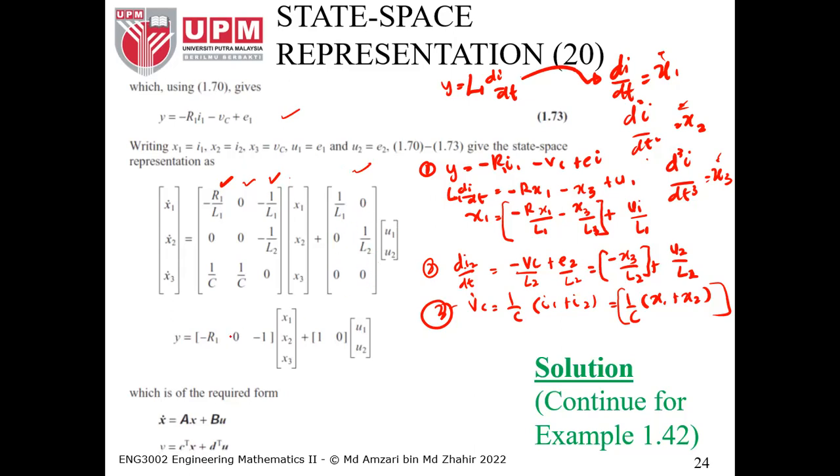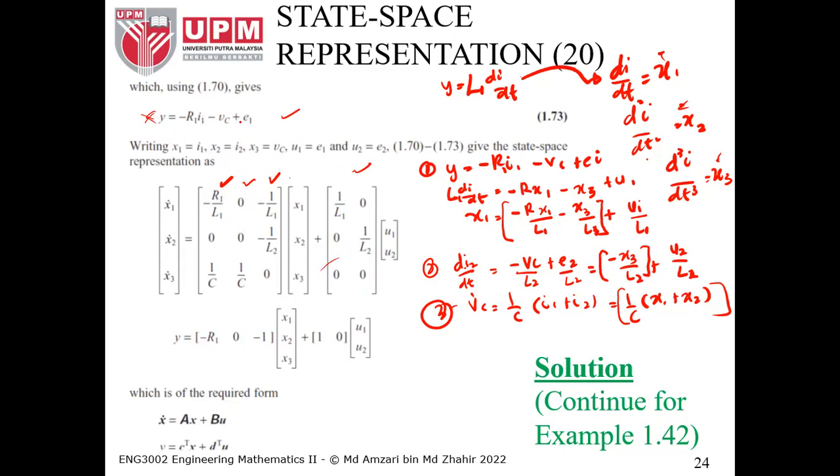Okay, so next, in terms of y. We have this y equation based on this equation. So y equals negative R x1, minus x2 term will be 0. It is almost similar to the first equation, but the x2 term becomes 0.